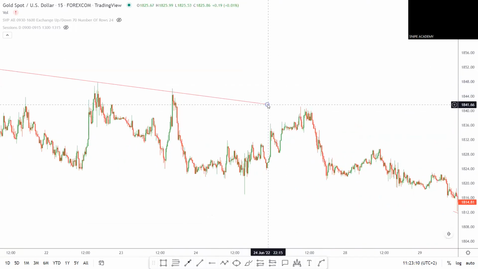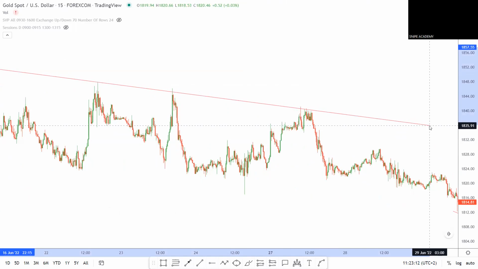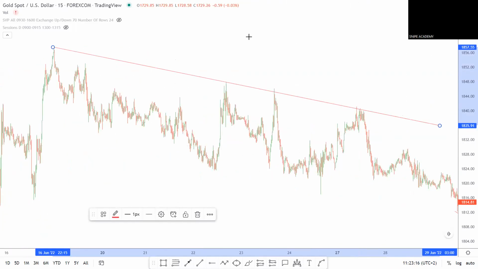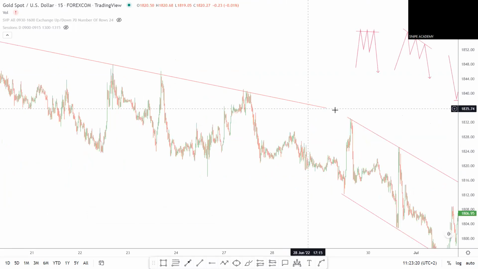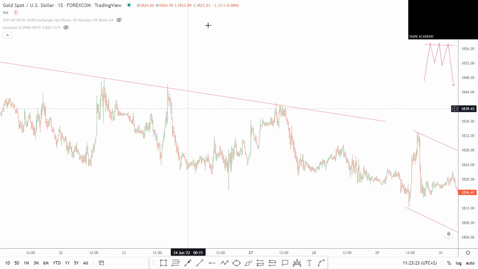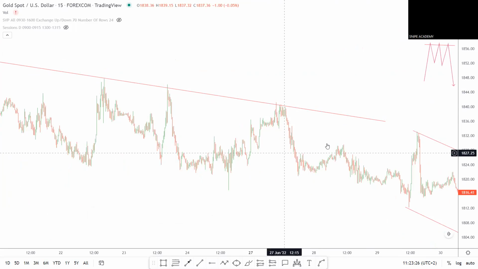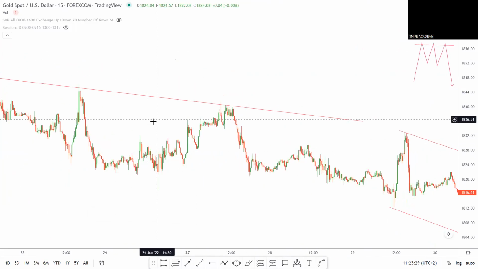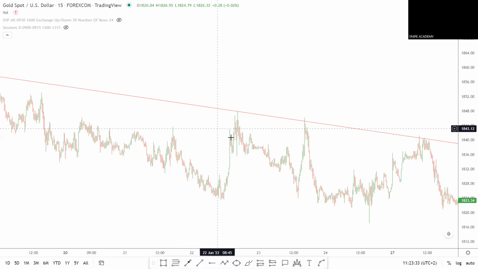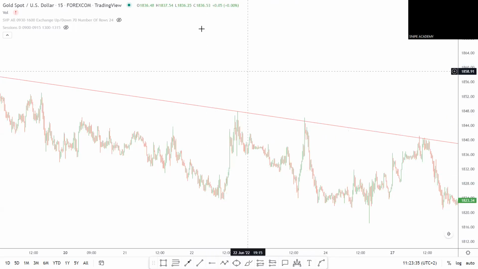You'll see, for sure we will find one somewhere here. In this case, price really did respect the trend line greatly. But usually gold, especially, tends to fake out, look for supply and demand zones and look for liquidity grabs. That's why if I am placing a trend line, it is to look for a liquidity grab above or below it.